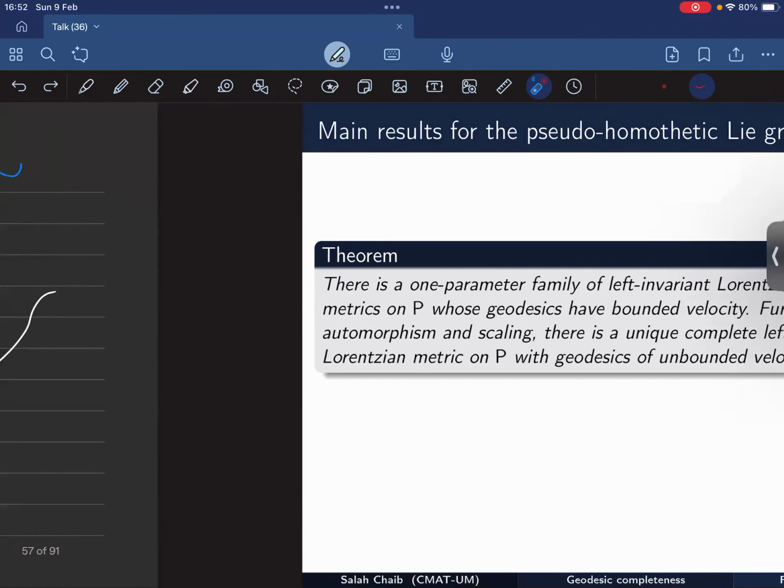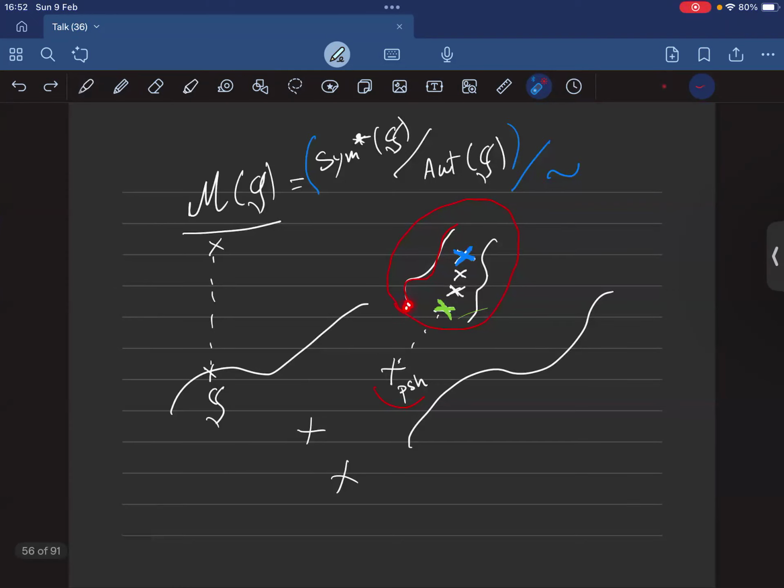Okay, so this is the one parameter family of left-invariant Lorentzian metrics with bounded velocity. We have a special metric which is complete and of bounded velocity, and later I will come back to this metric, which is special in the sense of isometries.